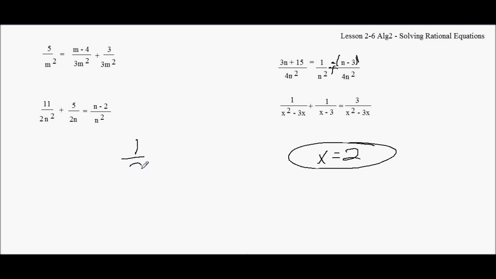Everybody hates to add 1/2 plus 1/3. What if I had 1/2 plus 1/3 equals x over 3?